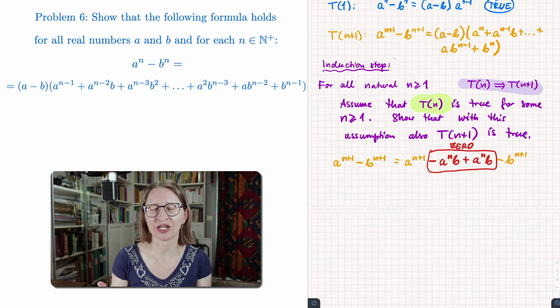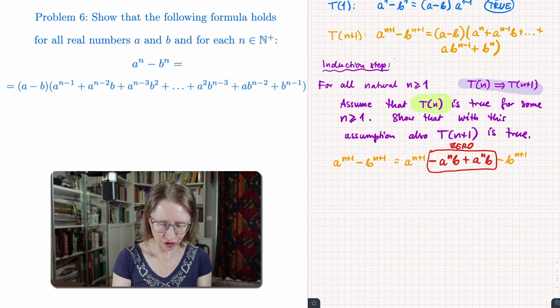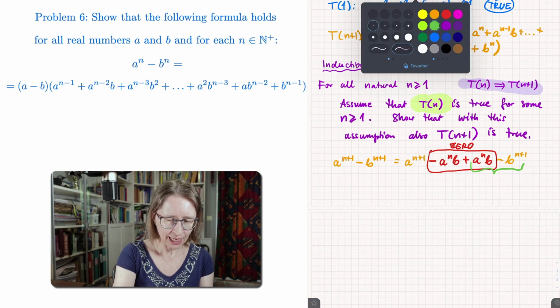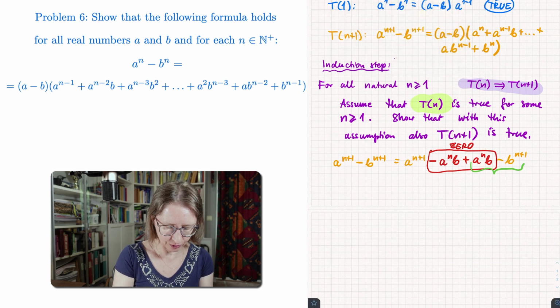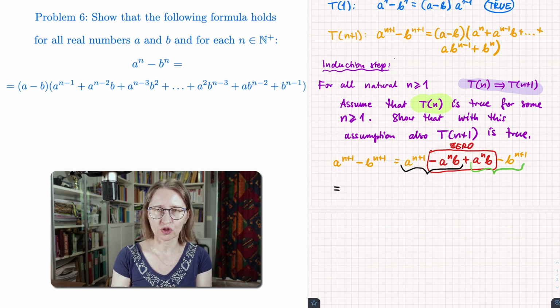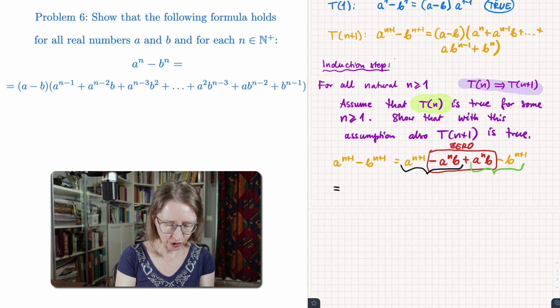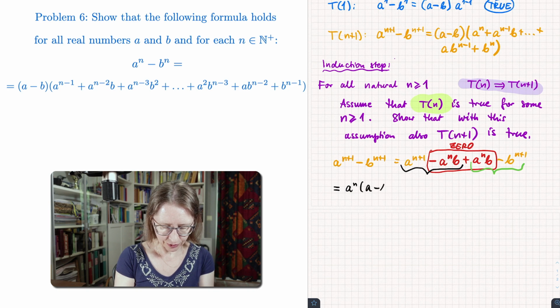It doesn't change anything, but it means a lot to me, because now I will be able to apply my induction assumption when I group together these two. And I also group together these two here. So what is happening with these first two? I can factor out a^n, and I will get here a - b.